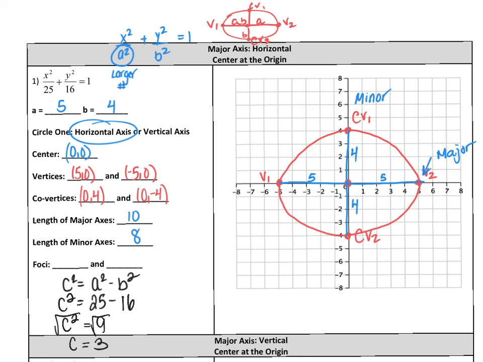So what that means is we're going to go 3 on the major axis, -3 on the major axis. This distance from here to here is our c value. And those are focus 1 and focus 2. So those coordinates are the points -3, 0 and 3, 0. So that is it. That is the graph of a horizontal ellipse.